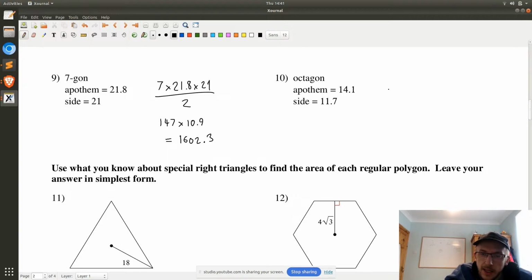So that's 1602.3. An octagon with an apothem of 14.1 and a side length of 11.7, and all of that divided by 2.